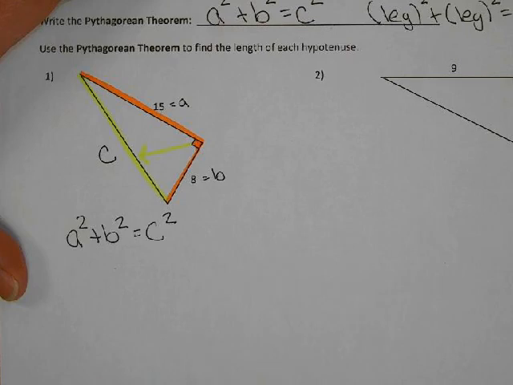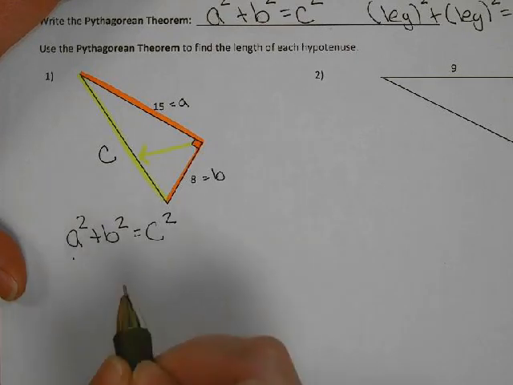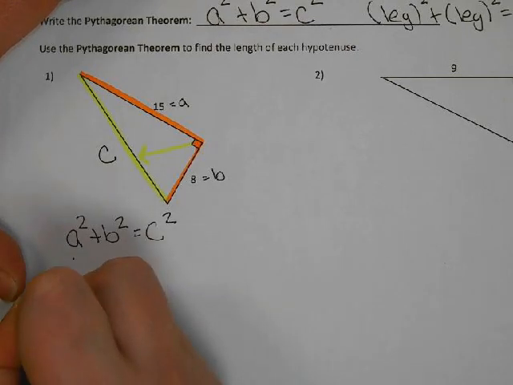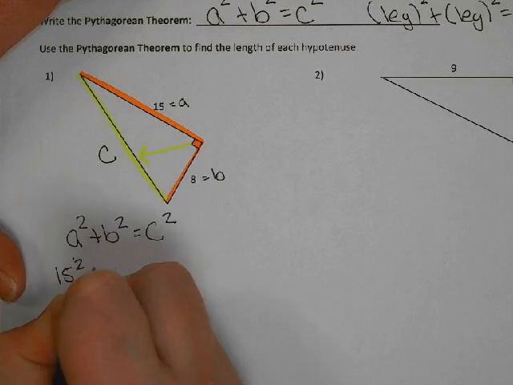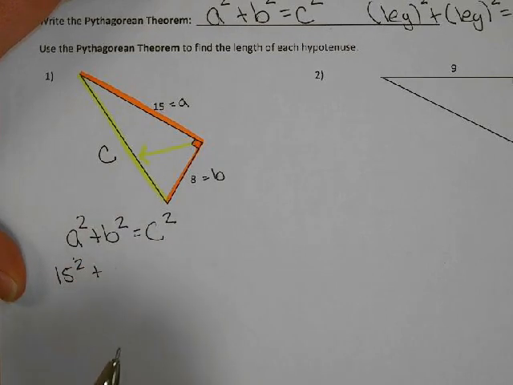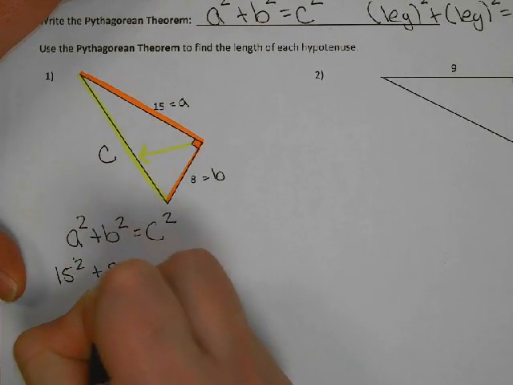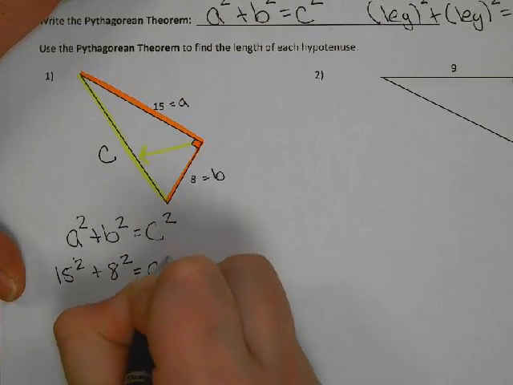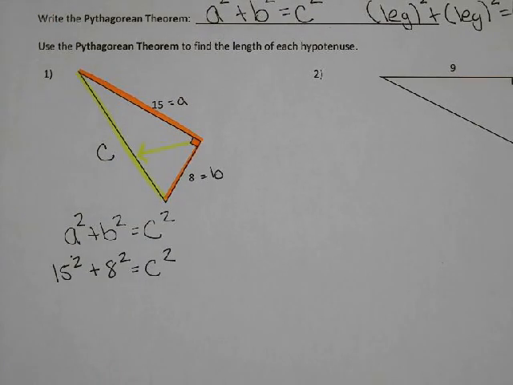Okay, so what is A? So 15 squared plus, what was B? 8 squared equals C squared.